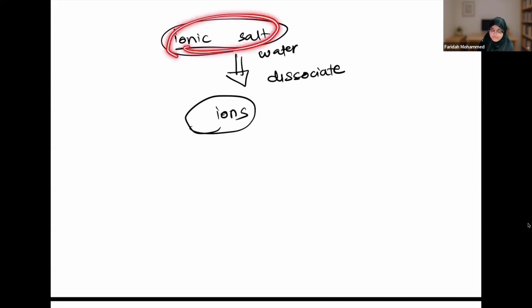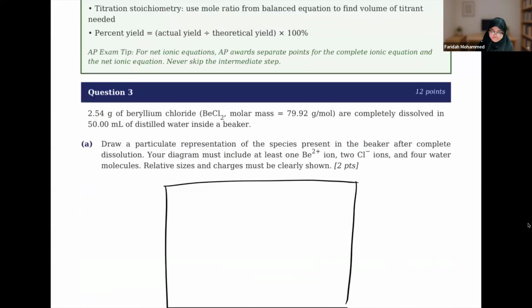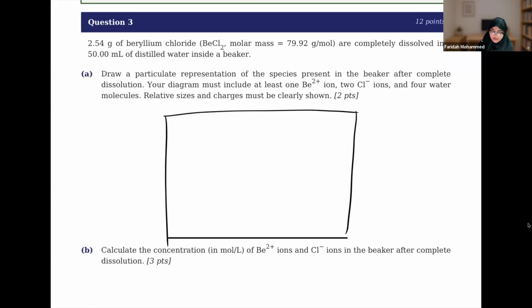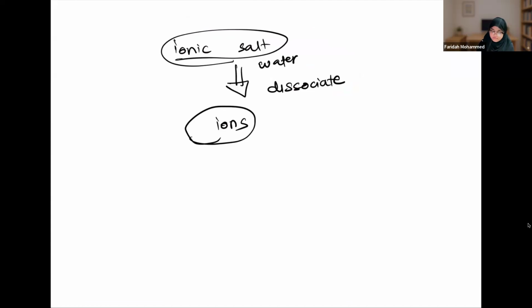Ionic salt, when mixed with water, is going to dissociate into ions. So we have beryllium chloride, BeCl2. What are the ions of BeCl2?